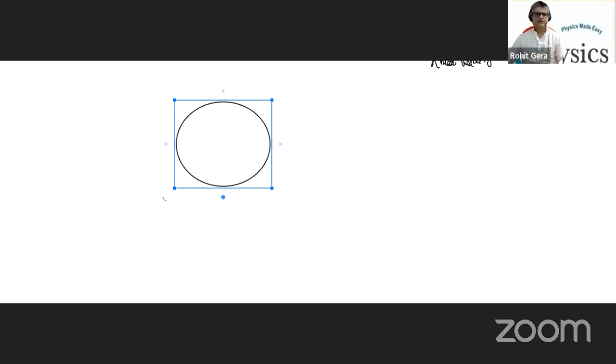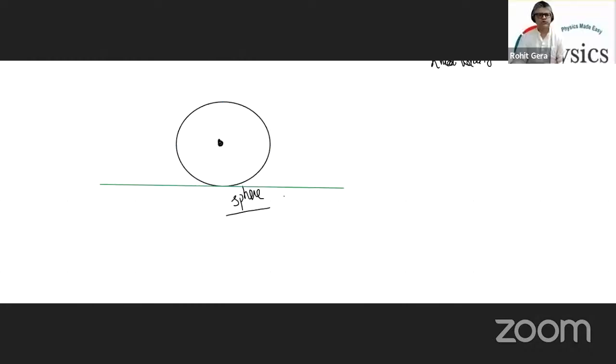For example, what you see in front of you is a sphere. So this is your sphere, and let's consider the point C, and let's say the velocity of this body where it touches the ground is this, and it is rolling.